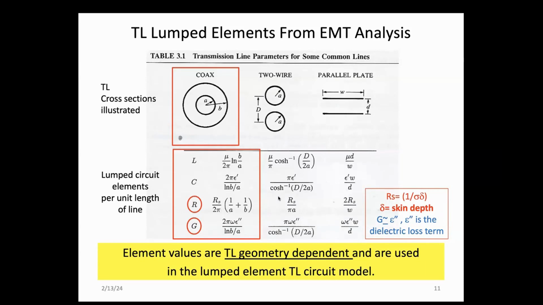And we're going to talk about skin depth in a moment. G, the conductance per unit length, is related to another funny squiggle with a double prime on it. And this turns out is the dielectric loss term. We're going to look at that in just a moment.